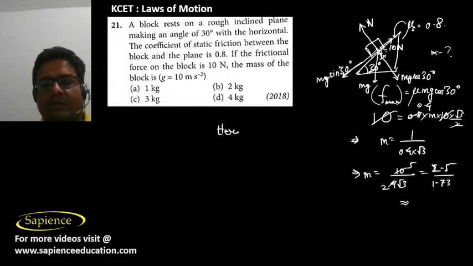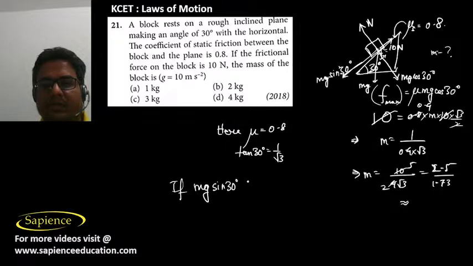Here actually first we should find, so mu is 0.8 and tan 30 is equal to 1 by root 3. The applied force is mg sin 30.